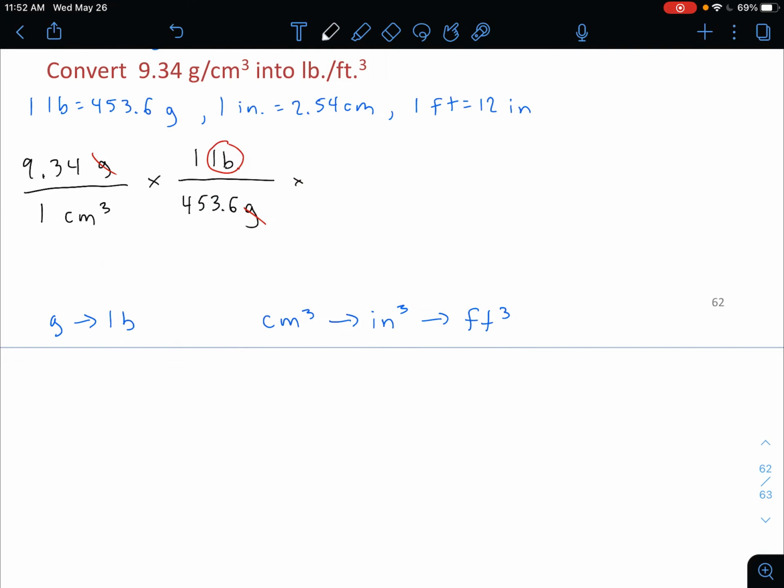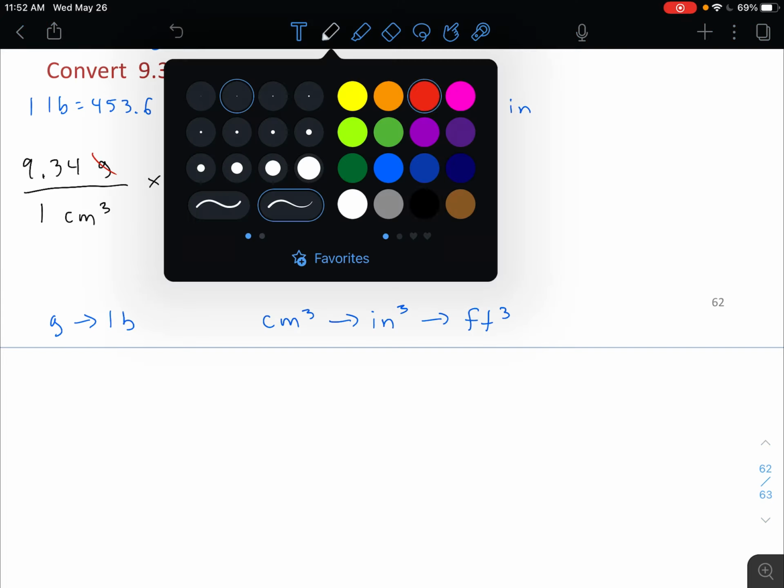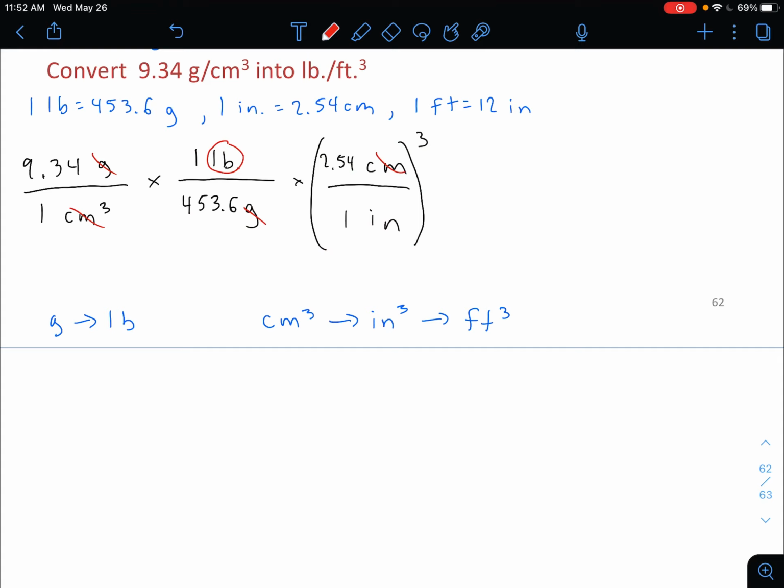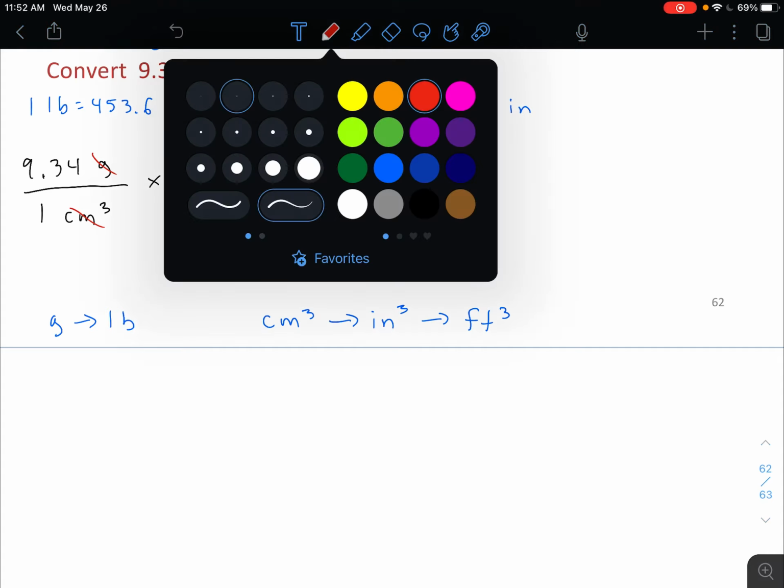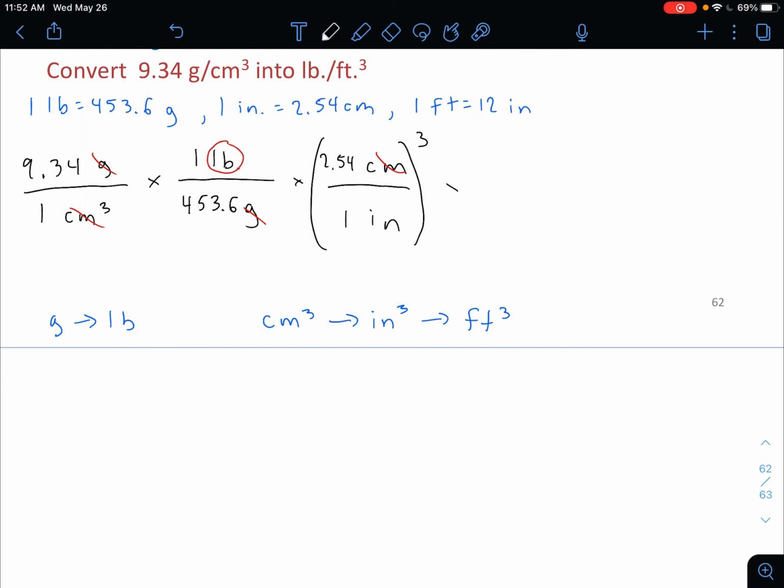Then we want to get out of centimeters and go into inches, and it's 1 inch, 2.54 centimeters. But more specifically, we're going from centimeters cubed to inches cubed. So we cube the entire conversion factor. Now I'm in pounds per inch cubed, so not quite there, one more step.